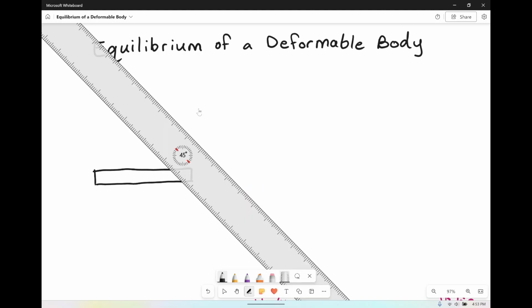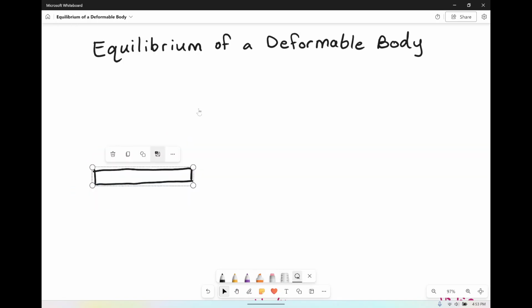So we're going to have two pieces of this wonderful beam, one on each side, and now we're going to talk about how these internal forces actually appear. So again, we're going to make our cut right here on each side. So effectively, those are the two halves, the left and the right half of our member.